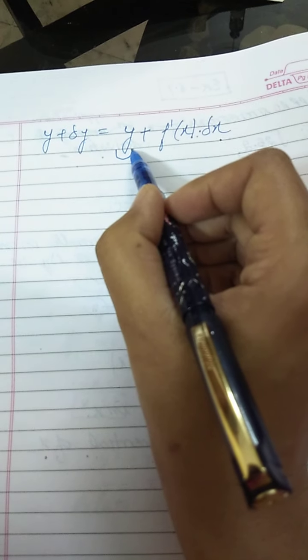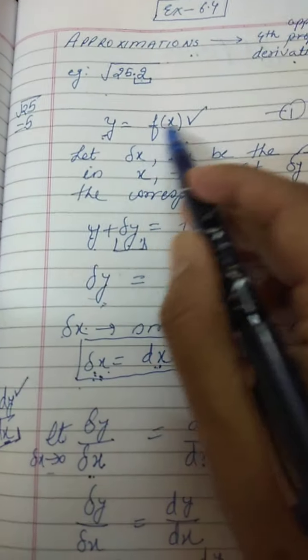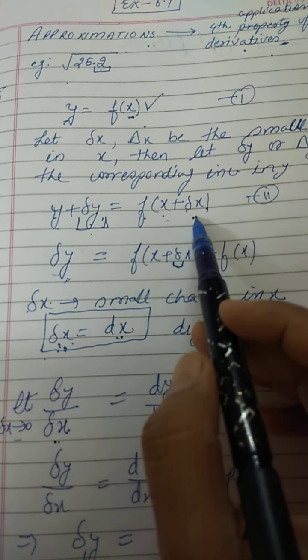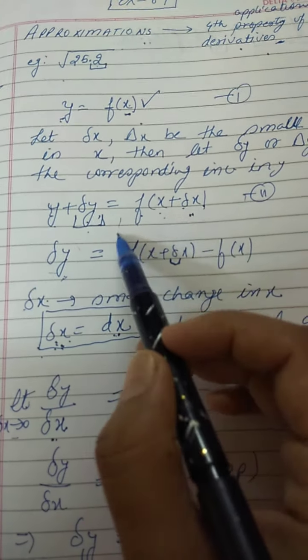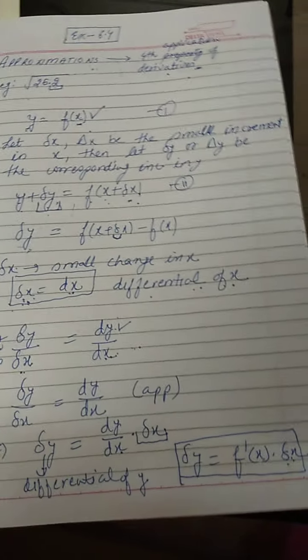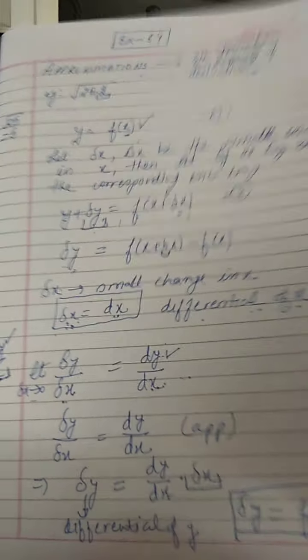And what was y? And what is this y plus del y? I am going to make the formula. Let me show you here in the beginning. What was y? F of x. Y plus del y, f of x plus delta x, right? That means the change in function here. And what was the del y calculated? F dash x into del x, right? So all these values, if we substitute here, what we will get?